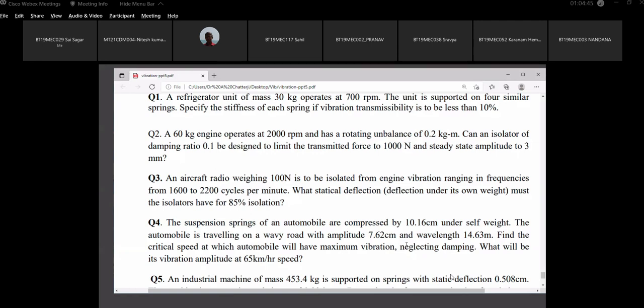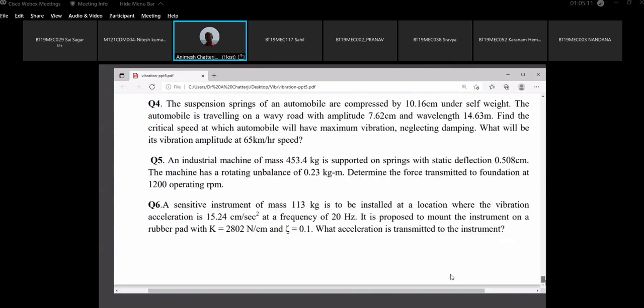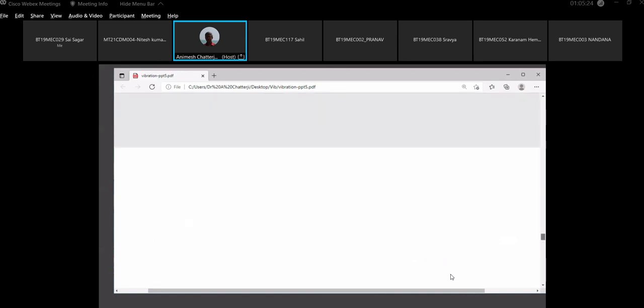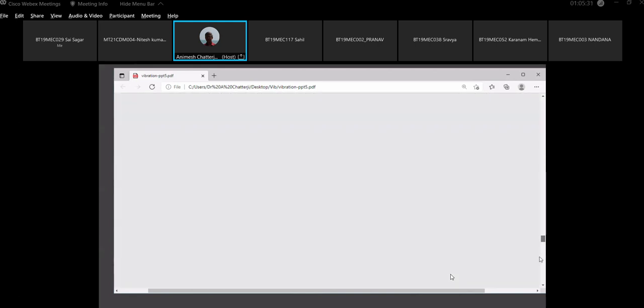Why are the others taking so much time? Okay, fine, I have to stop the class anyway. Up to this, we have solved question number 3, question number 4, and question number 1. The remaining problems you will solve. I am sending this PPT from the beginning, that is the vibration isolation last class, and in today's class PPT, along with this problem page.